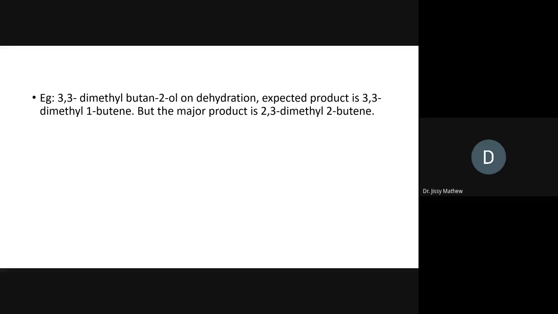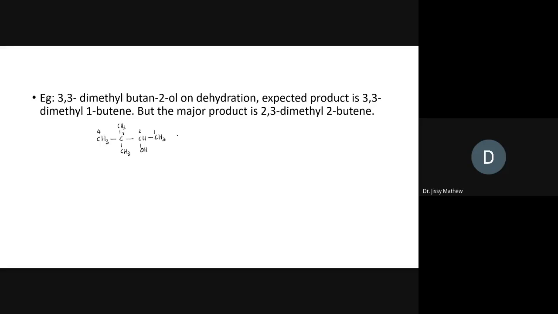So let us write the structure of 3,3-dimethyl butan-2-ol. So this is 3. If you number the carbon atoms, this is 3,3-dimethyl butan-2-ol.